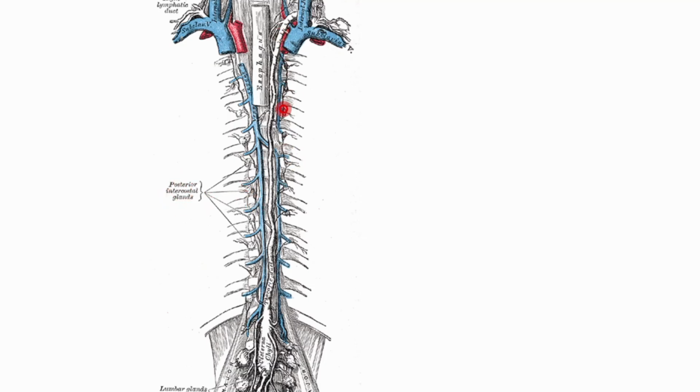Finally, at the base of the neck, over here, the duct empties its payload directly back into your bloodstream at the junction of the left internal jugular and subclavian vein. That means here. This is the subclavian vein and this is the jugular vein. And without this crucial loop recycling fluid every single day, your cardiovascular system would fail.